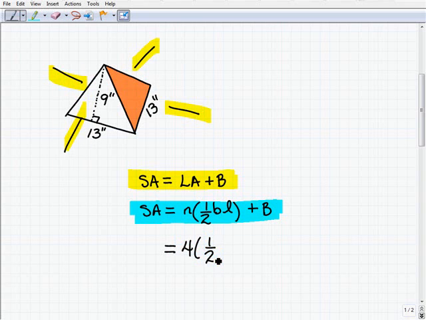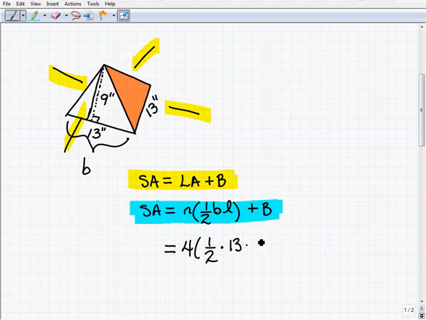1/2 b. B is the base of the pyramid, and you can see that is 13, so that's our b here. So 1/2 times 13 times L. And L represents the length from the bottom of the pyramid to the peak. Not the height of the pyramid, but the length if you were going to travel up the side of the pyramid to the very top.